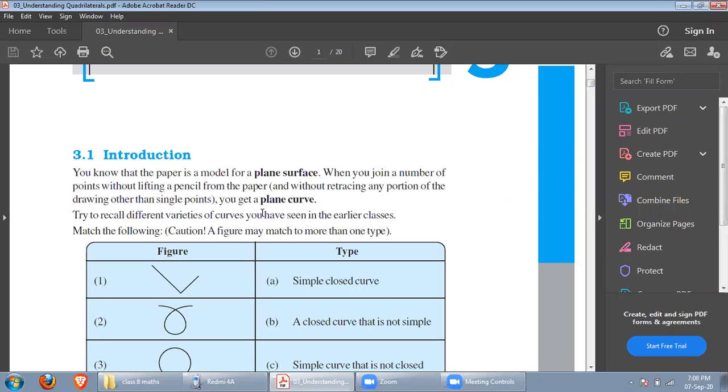It is smooth and there is no upward and downward contour there. If your table is flat, that is also a plane surface. In a plane surface, there will not be upward or downward contour.